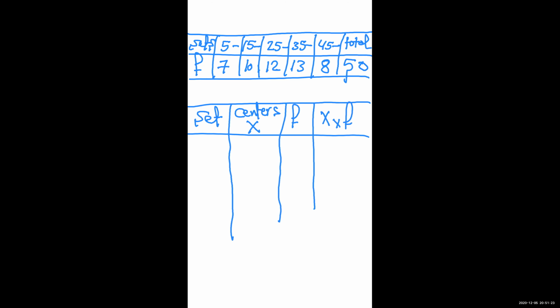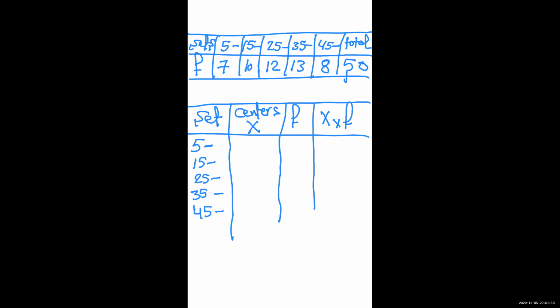So the first set from the table is the set of 5, then the set of 15, then the set of 25, 35, 45.